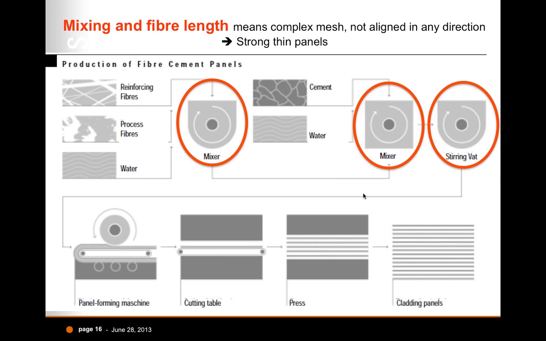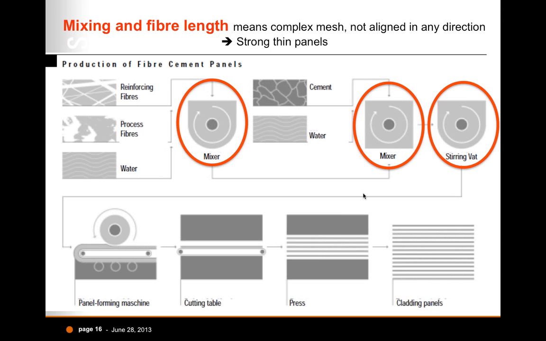It's made in a way called the Hatschek process. There's a lot to this document, but I'm going to make a point about why this is important in a moment. The mixing of the materials means that we end up with a very homogeneous product.